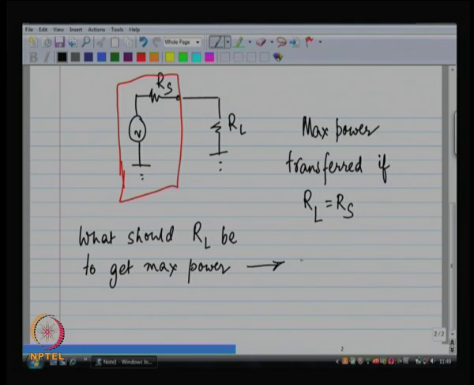And the answer to that is R L should be equal to R S. Okay. So, it is important to understand that the source resistance is part of the source, and as a result of this, only a limited amount of power can be transferred.